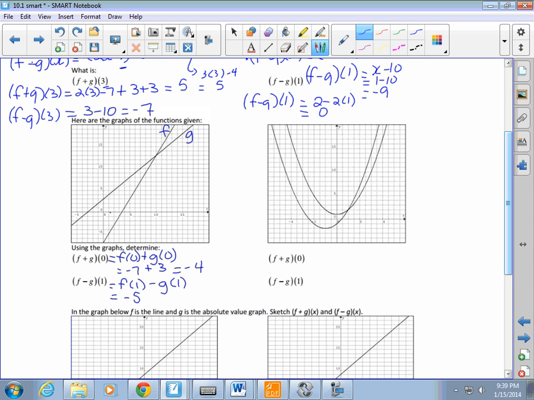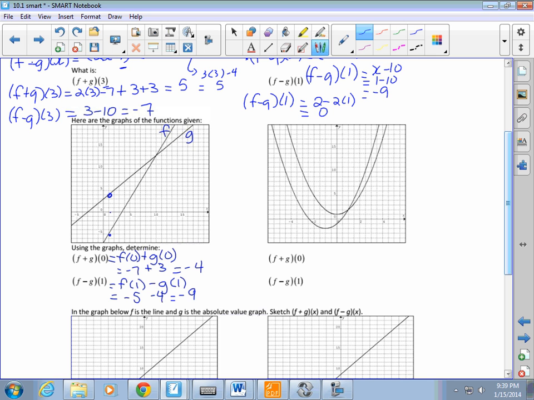Okay, so 1, negative 5, that was that coordinate there. When my g was a 1, so this is my g graph, here's 1, and that lines up with this one, so that is at 1, 2, 3, 4. So that's 5 minus 4, so that equals negative 9.